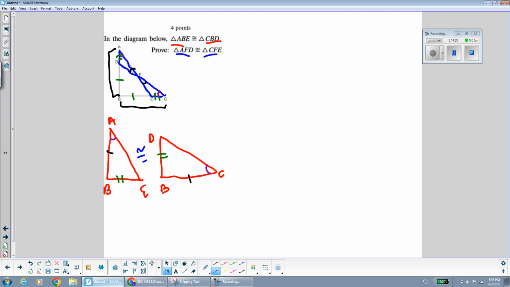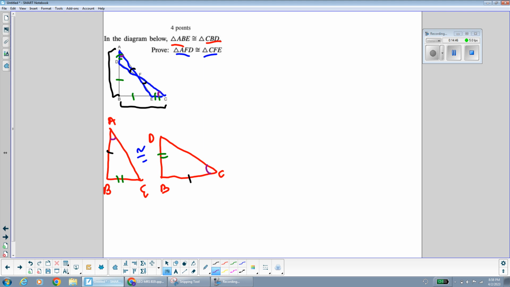So these have to be congruent by CPCTC. So that's why drawing triangles separately is very important. It helps you see what belongs to each triangle clearly. Otherwise, it would have been really hard to tell that angle A and angle C were part of those triangles and that we could say that they're congruent to each other by CPCTC.